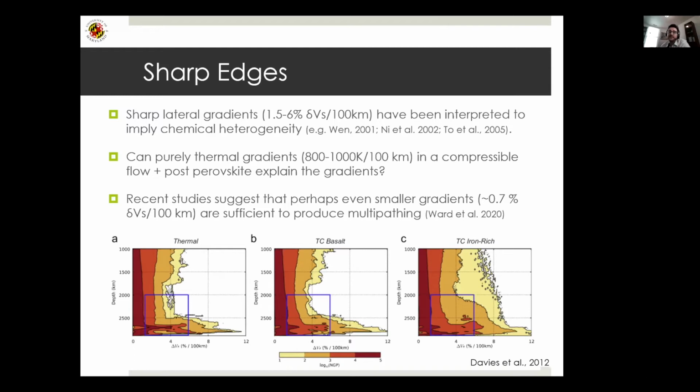And if that's the case, then the appearance of these multipath phases should perhaps not be interpreted as evidence for compositional heterogeneity in the lower mantle.